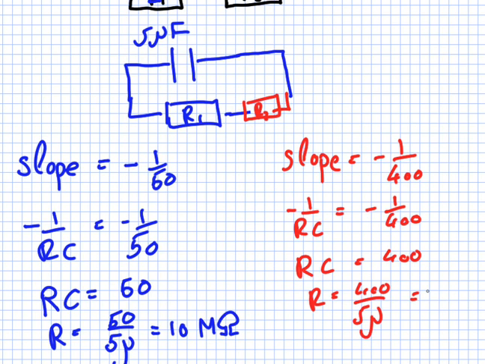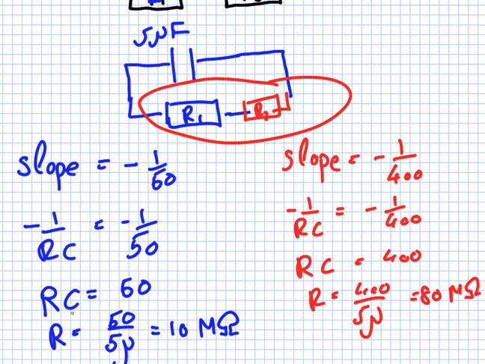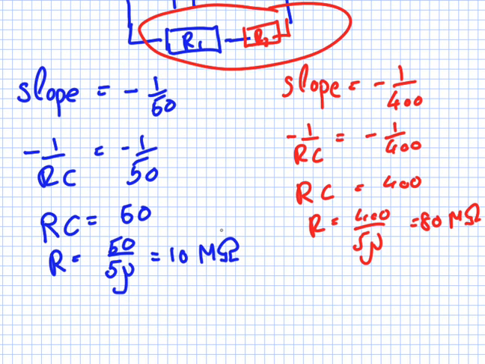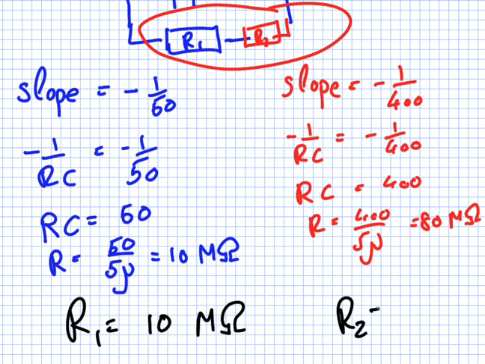It's 80. Now we're not finished. 80 mega ohms, because that 80 is for the total. So we can now say R1 equals 10 mega ohms and R2 must be 70 mega ohms. Oh yeah, I just did the next part too. Find R1 and R2.